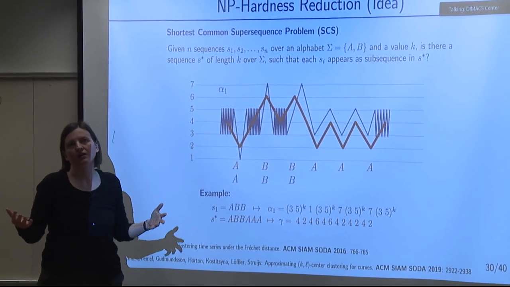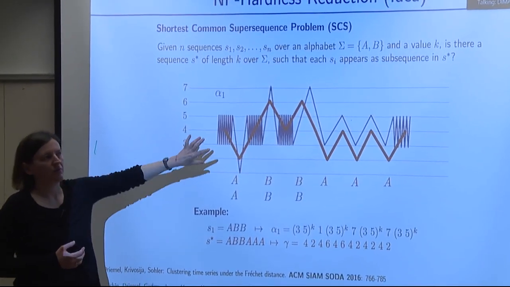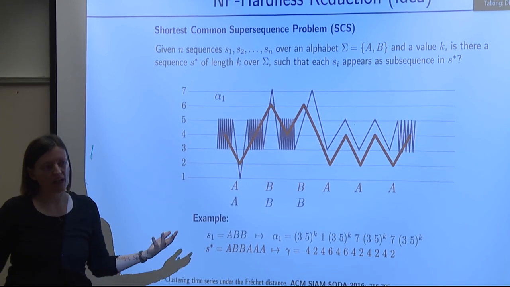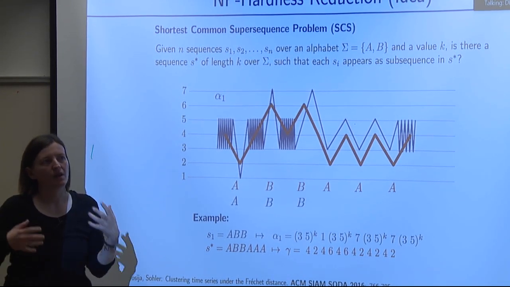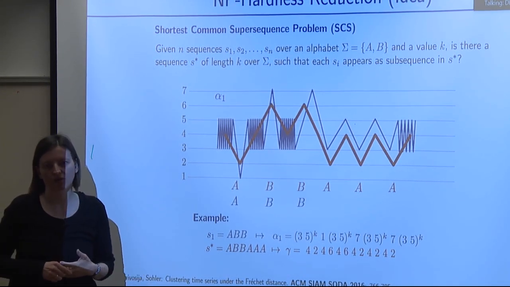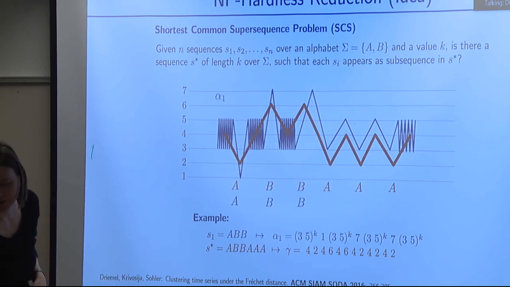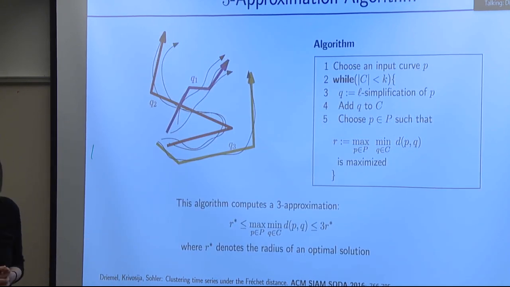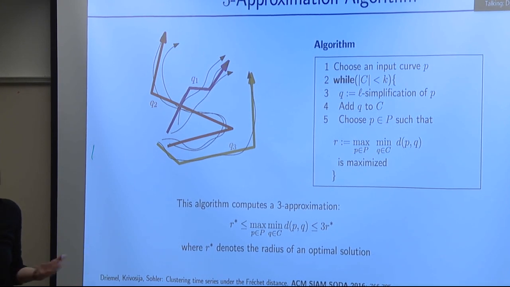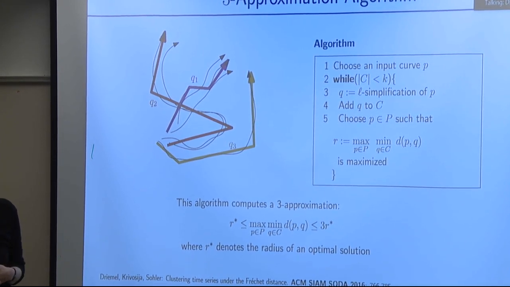If we go to higher dimensions, we can make a similar construction in the plane and also make it robust to larger approximation factors, almost going up to factor 3. So yeah, this is then more or less your k-l center problem solved, maybe.